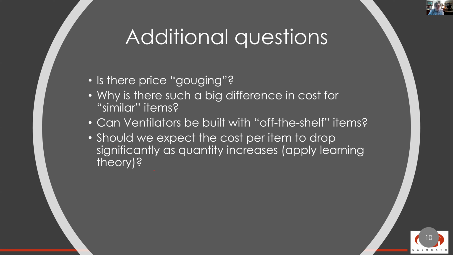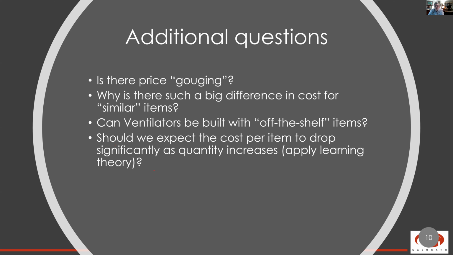Yes, there is some price gouging, and I think that goes on any time when there's a crisis in the market. We believe that price gouging is being managed and identified and stopped, but yes, there's some of that out there. That particularly holds true with things like masks and gloves in the current crisis today.